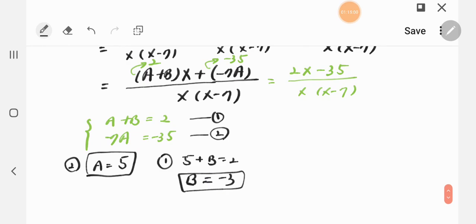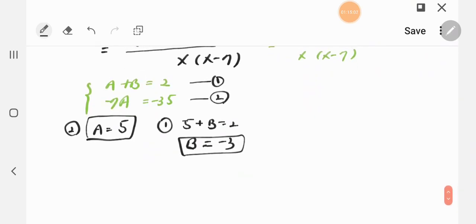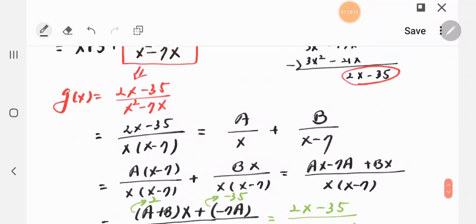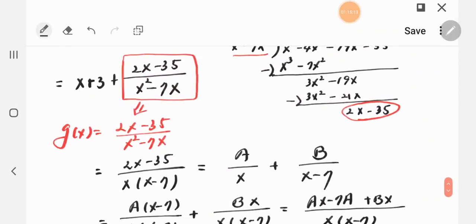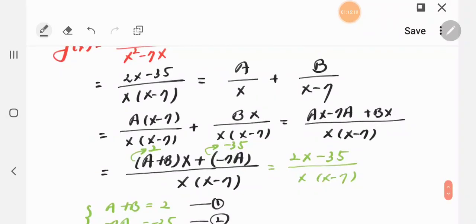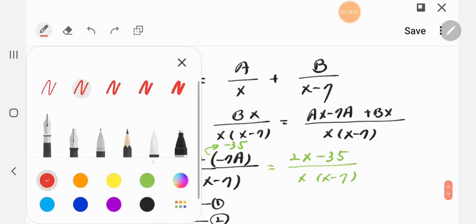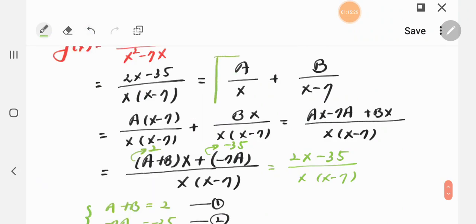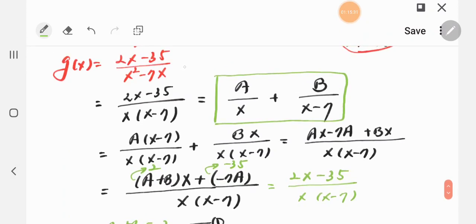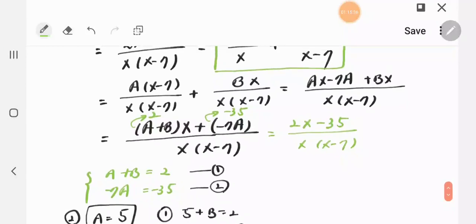All right. So g of x is, what's g of x? So x and x minus 7.